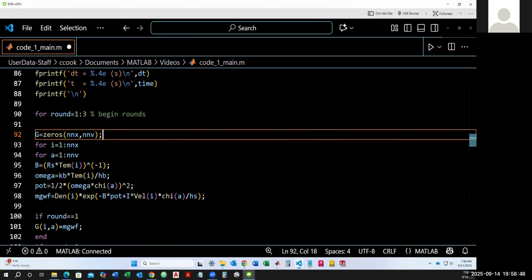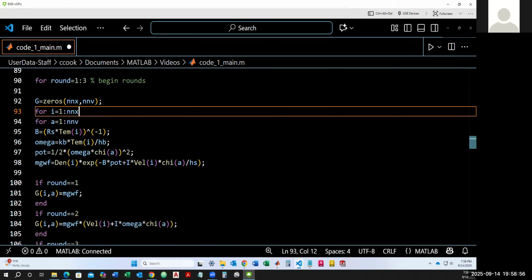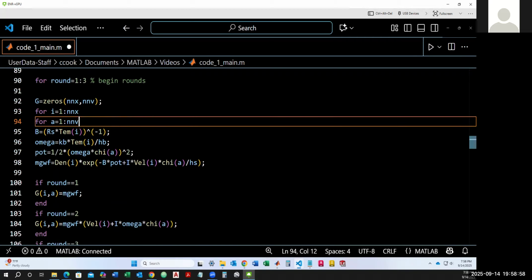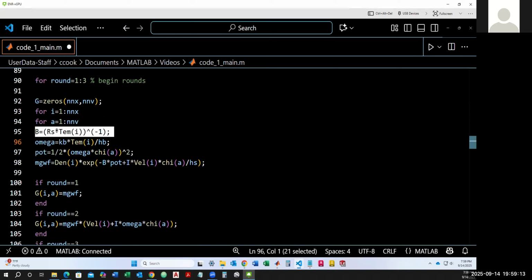So this is your quote unquote phase space. And we have to loop through space and through the velocities. So when I loop through space, I like to use IJK. When I loop through the velocities, I like to use alpha beta. So in the code, I'll use A and B. This is thermodynamic beta.